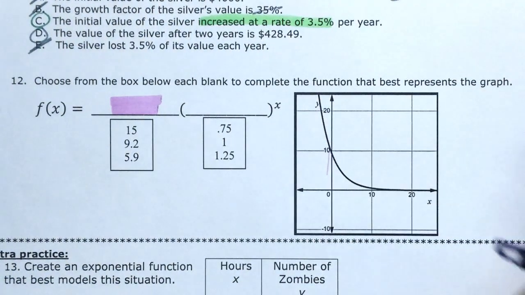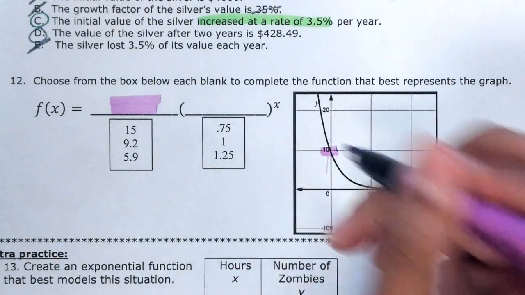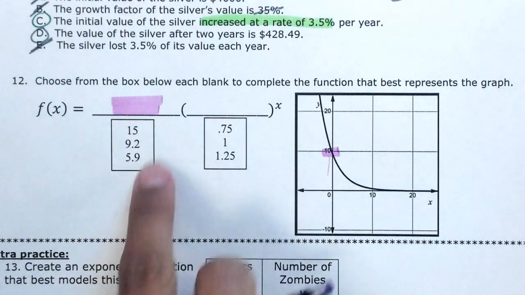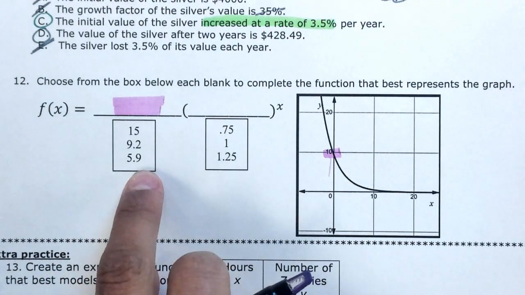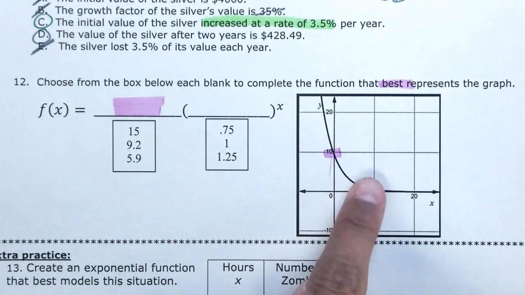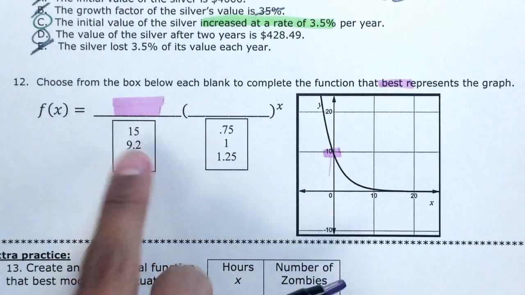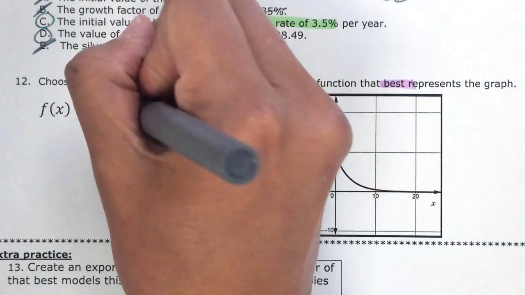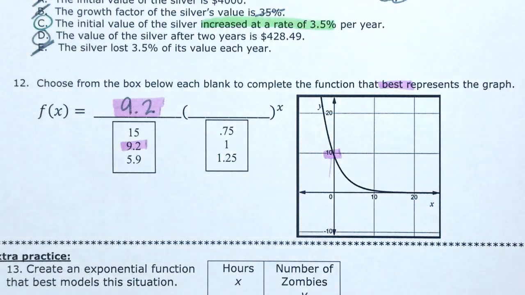Where is your y-intercept? It looks about here, close to 10. Obviously, there's no 10 here, so we're saying which one best represents. Which one's closest to 10? That would be 9.2. So we're just estimating the best fit, which is close to 10, so 9.2.